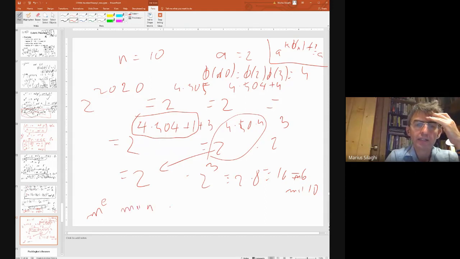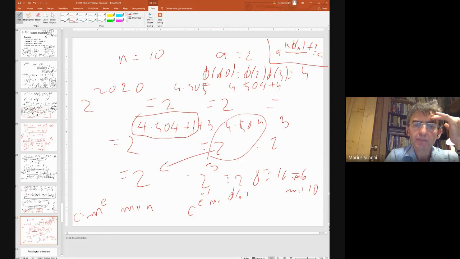And then in order to decrypt, you take the message and you raise it to a power such that altogether you get a multiple of Euler totient plus 1. And what multiplied with E gets a multiple of Euler totient plus 1? It's the inverse of E mod Euler totient of n.